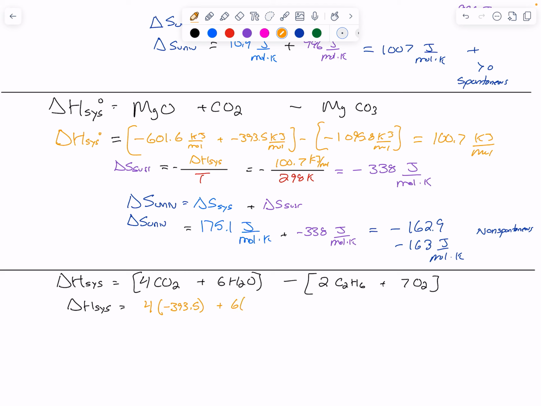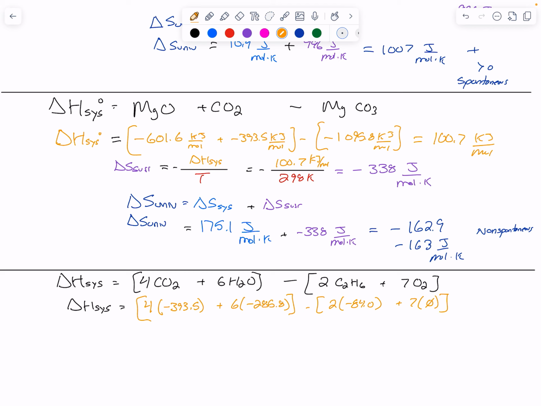Water was negative 285.8. Two times ethylene, which is negative 84. And 7 times 0.